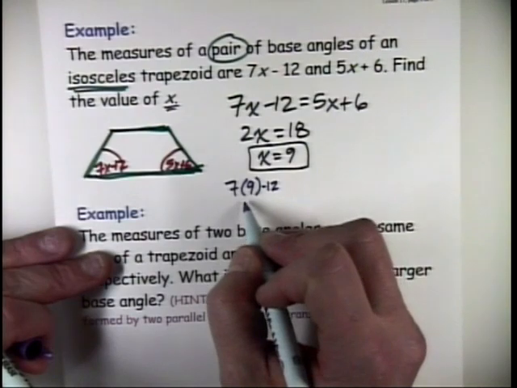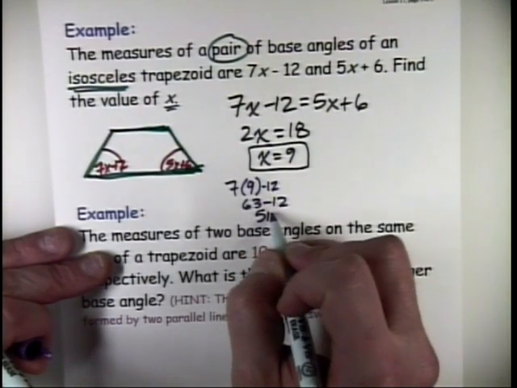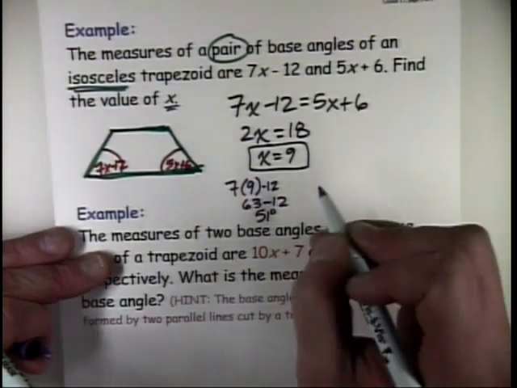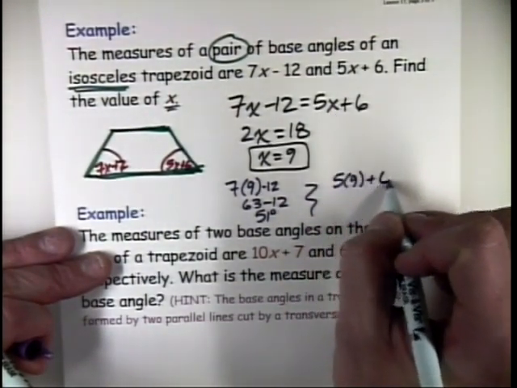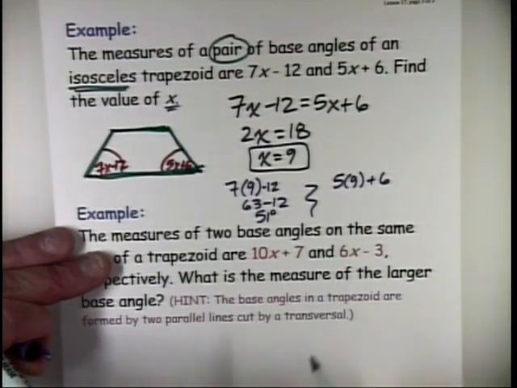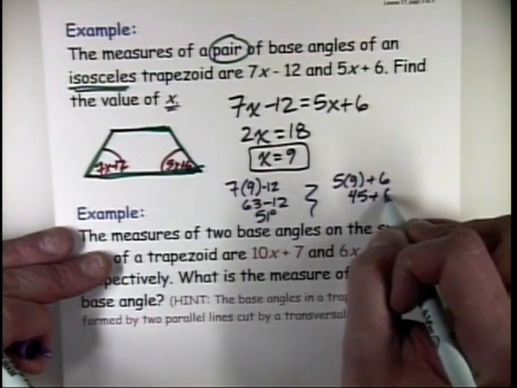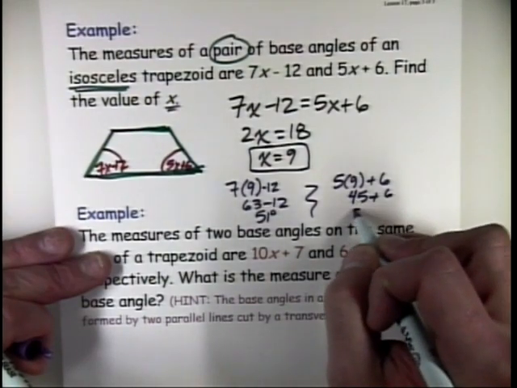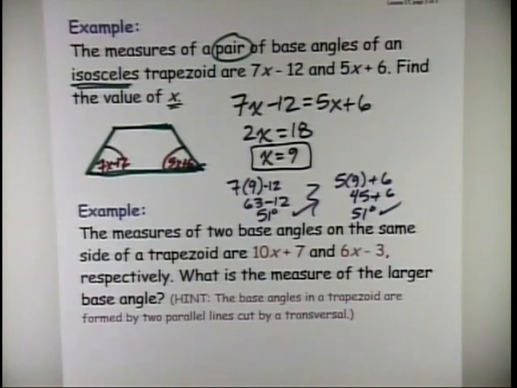So 7 times 9 is 63 minus 12, and that's 51 degrees. Okay, so if I plug it into the other expression, 5 times 9 plus 6, I should get the same answer. Let's keep our fingers crossed. 5 times 9 is 45 plus 6. 45 plus 6 is, look at that, 51 degrees. So that's a good check. We know we got the right answer.